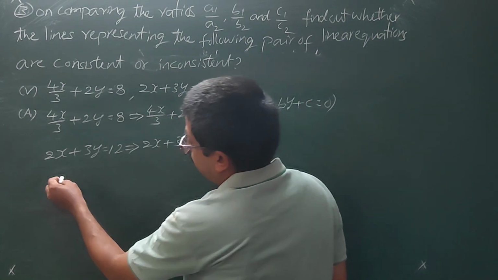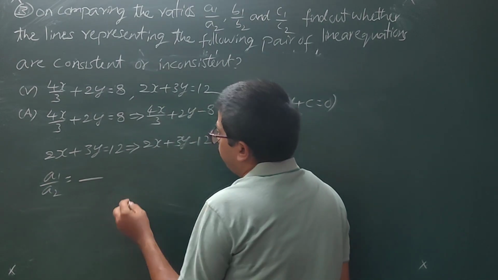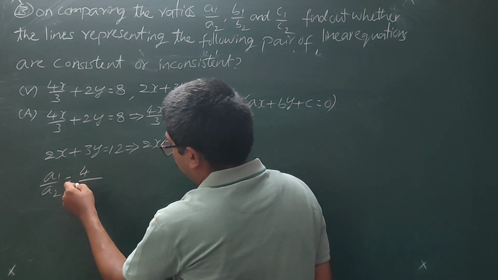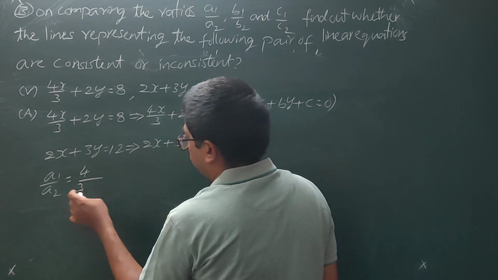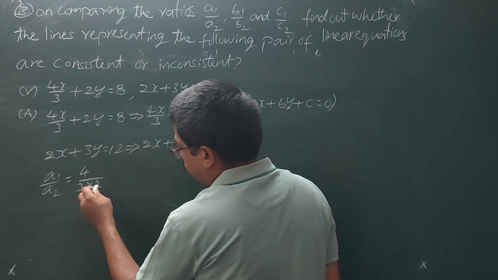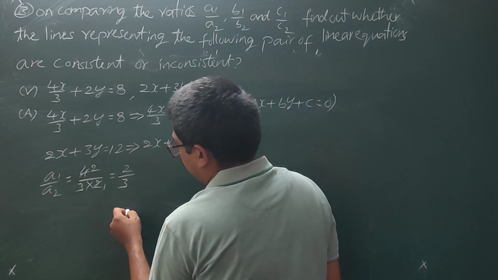So a1 by a2 equal to 4 by 3 whole into 1 by 2, which is 2 by 3.